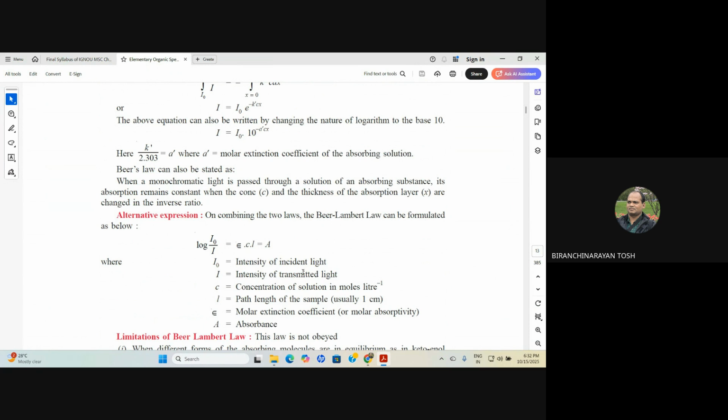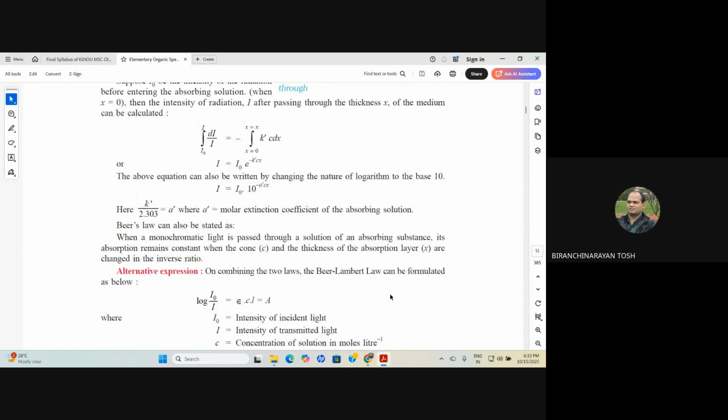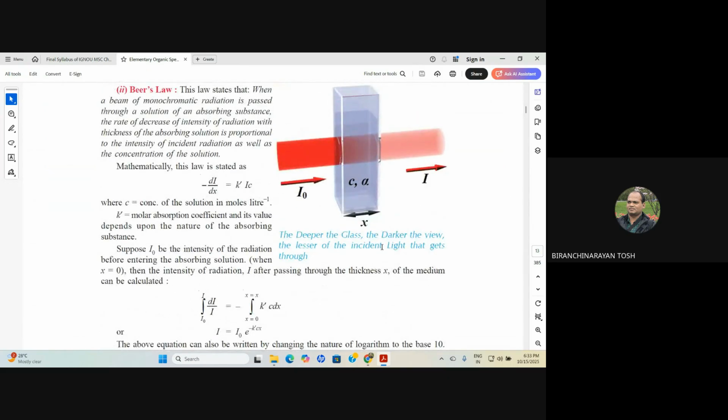So I naught is the intensity of incident light, I is the intensity of transmitted light, C is the concentration in moles per liter, L is the path length of the sample or thickness, which is usually 1 centimeter. When you are using UV spectroscopy, this is the cuvette. Inside the cuvette, we put the sample, maybe in solution form, then we pass the UV visible radiation.